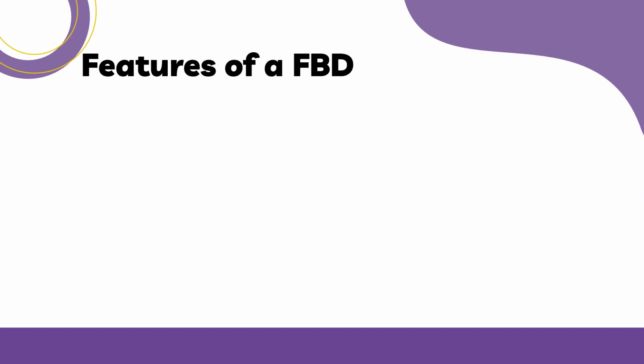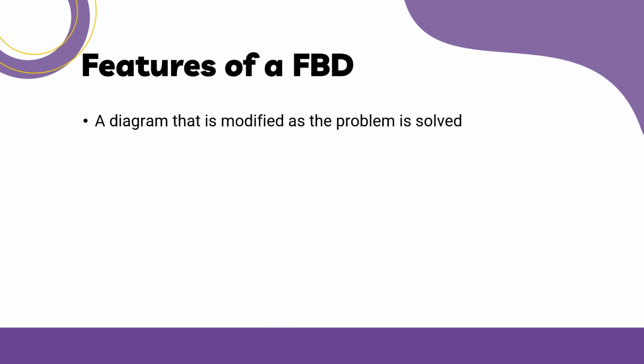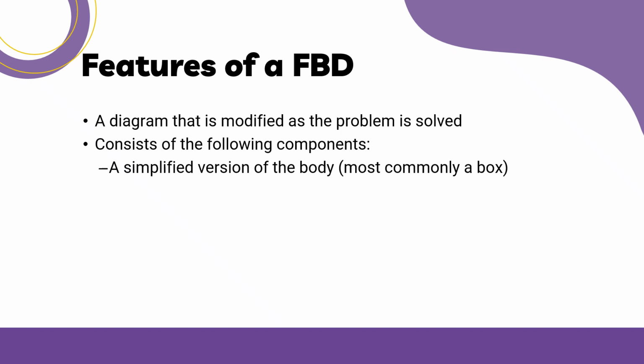Now, how do we describe a free body diagram? Here are the features of a free body diagram. First, it is modified as a problem is solved, and it consists of the following components. First, we use a simplified version of the body. Usually, we use a box, or you may use a circle or any shape that you like, but in physics, a box would be enough.